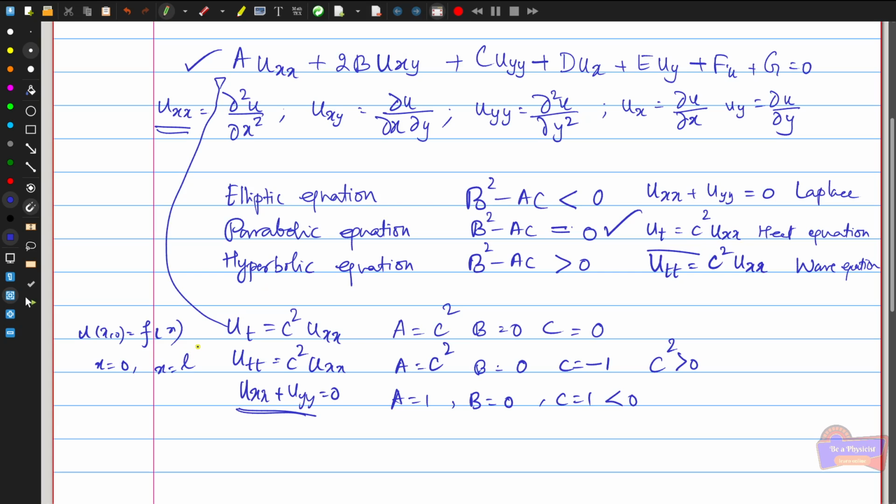So the boundary conditions are to be prescribed to solve this equation.